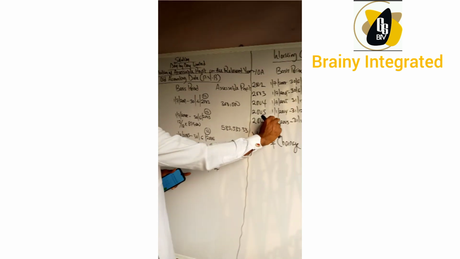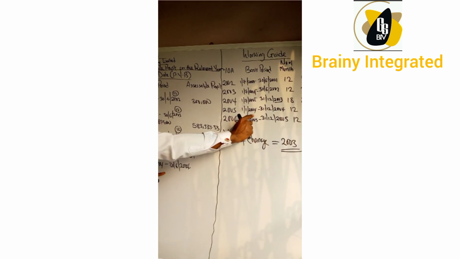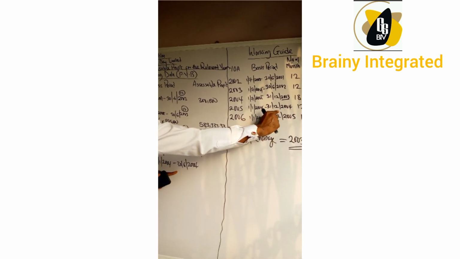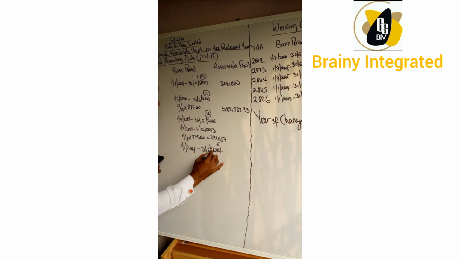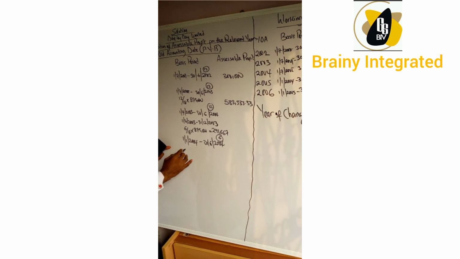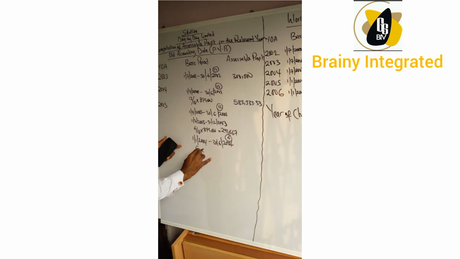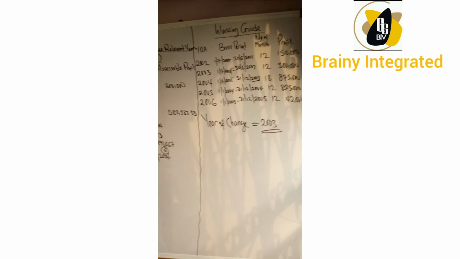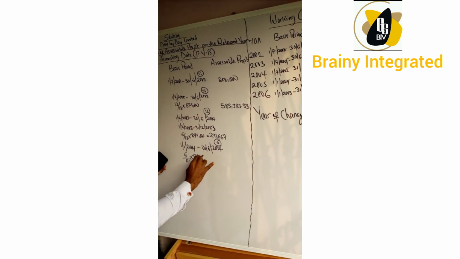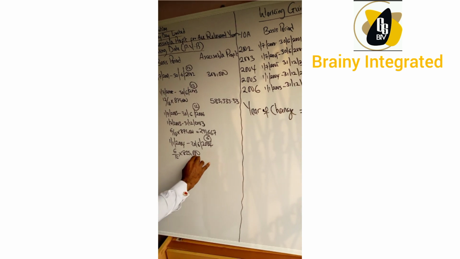We can see 1st of January 2004 here, and it ends at December 2004. This is 12 months, but we are looking for how many months? We are looking for 6 months. So we are going to say 6/12 times the adjusted profit here, that's times 825,000.